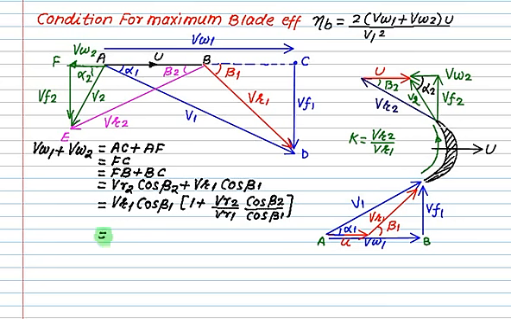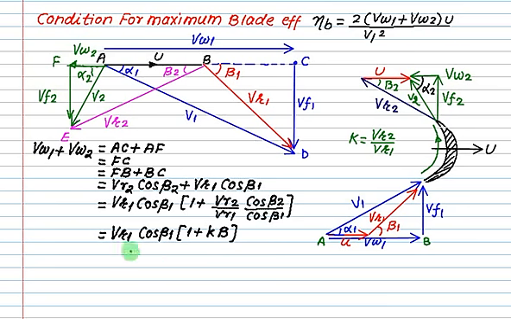So it can be written as VR1 into cos beta 1 into (1 plus K B), where VR2 by VR1 is equal to K, and cos beta 2 by cos beta 1 we represent by uppercase B. B is just a ratio of cos beta 2 by cos beta 1.